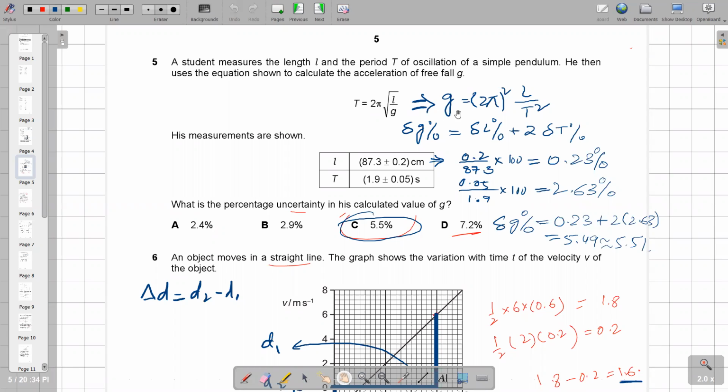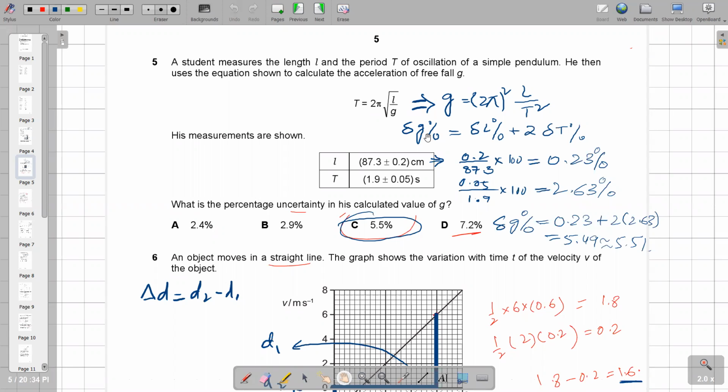So if we solve for g, that will be 4 pi squared L over T squared. They have given us the values along with the errors of L and T. So we need to find the percentage uncertainty of L and T.